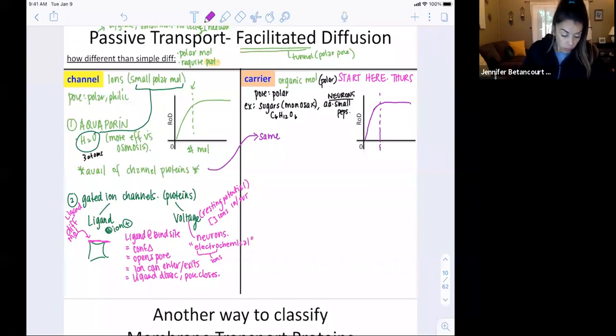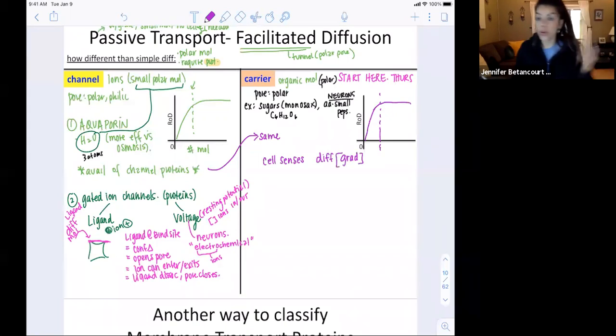Okay. So in this case, nothing is gating them. Nothing is keeping them closed. In this case, they don't need an extra molecule or an extra voltage change. Usually it's the molecule itself. So in this case, the cell senses a difference in concentration gradient, okay, whether it's high on the outside, low on the inside, or vice versa.